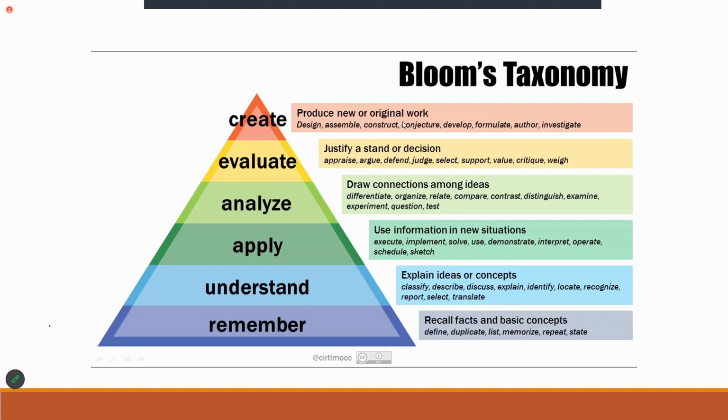Your initial objectives can be from this part. And then towards the final objectives, you need to move towards this. Even the order of action words will be different based on the position of your objective.